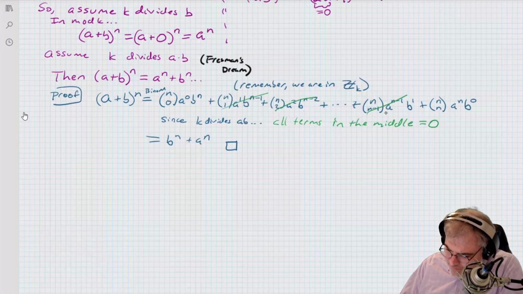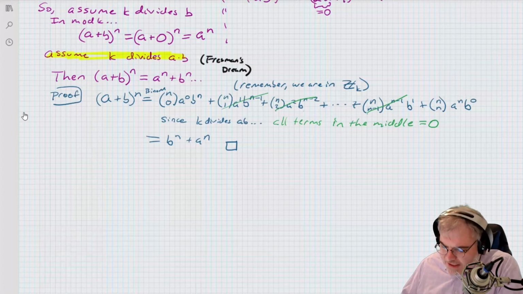All of the pieces in the middle, right? Since K divides AB, this has an AB, this has an AB, this has an AB, this has an AB. Assume K divides AB. All right, that was the thing. This only works if K divides AB.